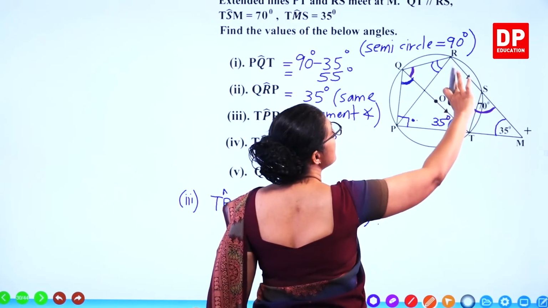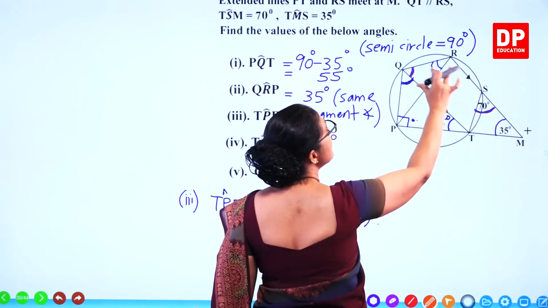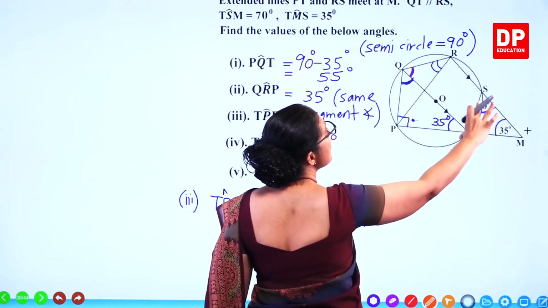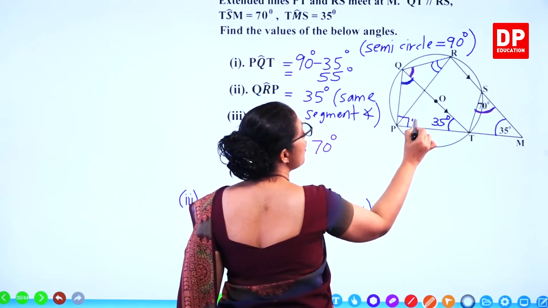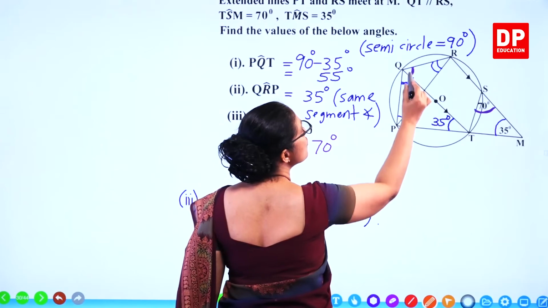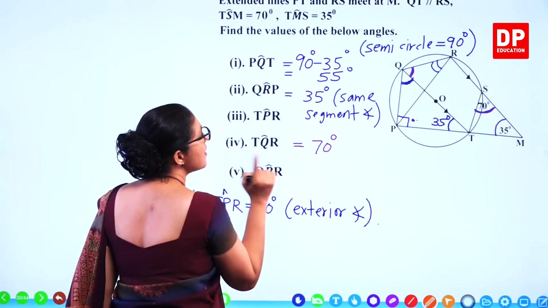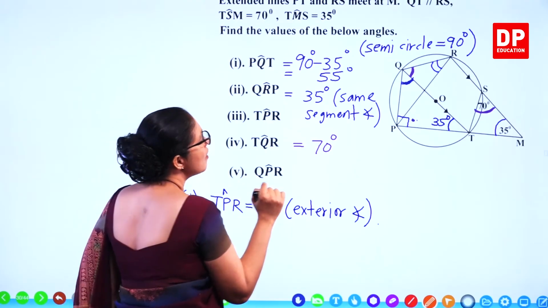Can you see? To RT arc, this angle and this angle both are same segment angles. So we found out this angle is 70 before. So this is also 70. So same segment angles or exterior angle of a cyclic quadrilateral.